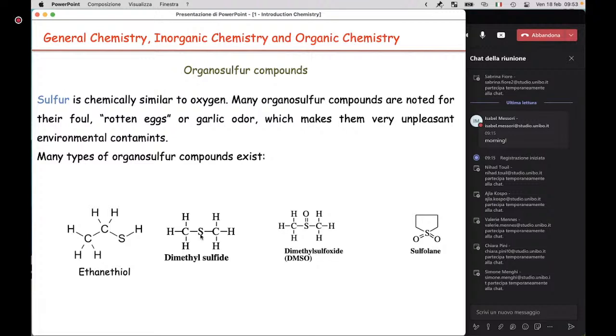Also quite frequent is the sulfide group, and it produces a very strong rotten eggs, or in some cases garlic odor, but rotten eggs is the typical smell of sulfur compounds, and in particular of thiols.